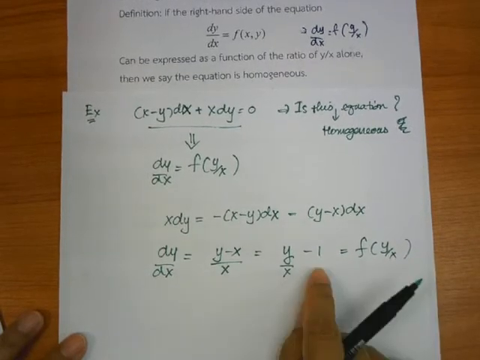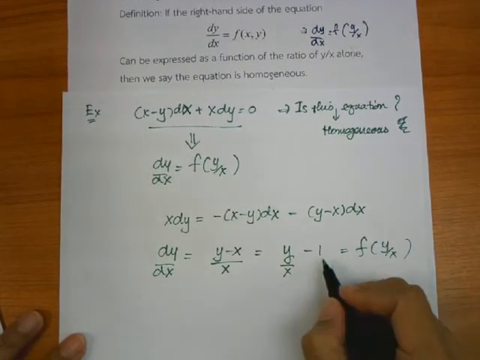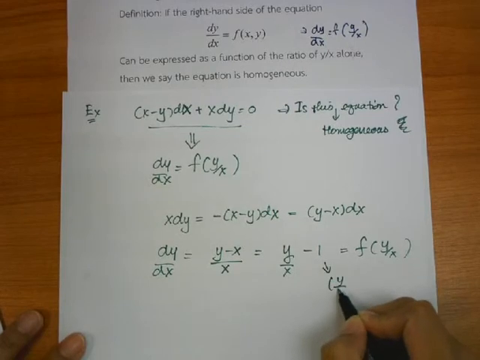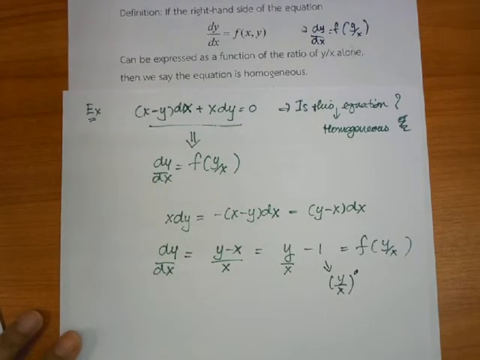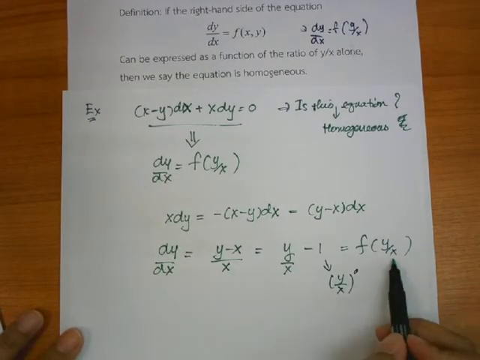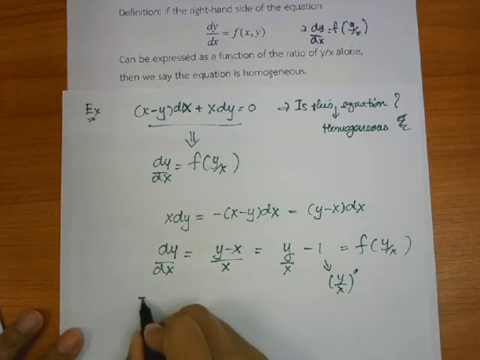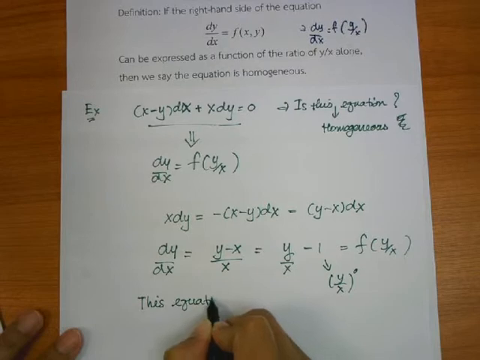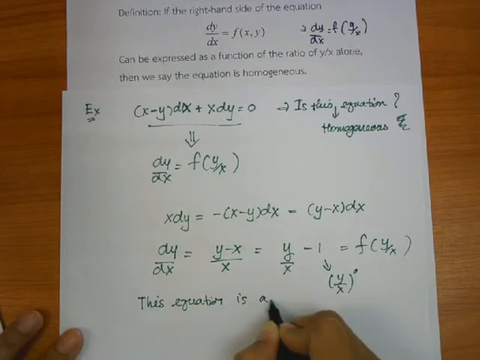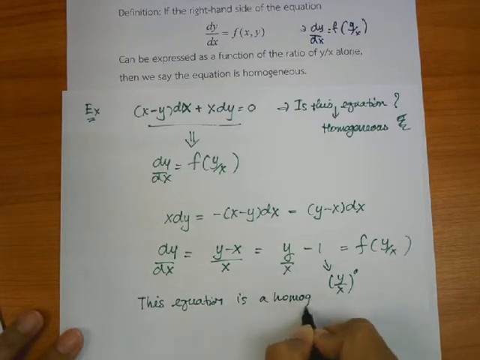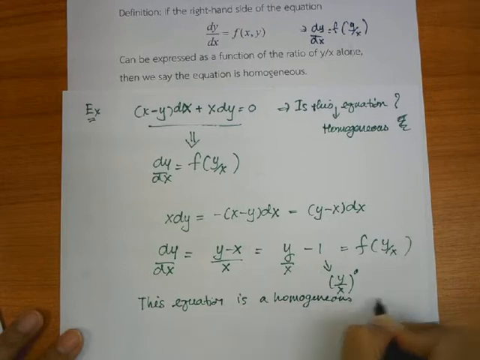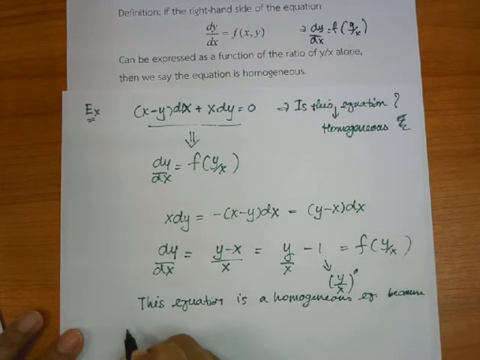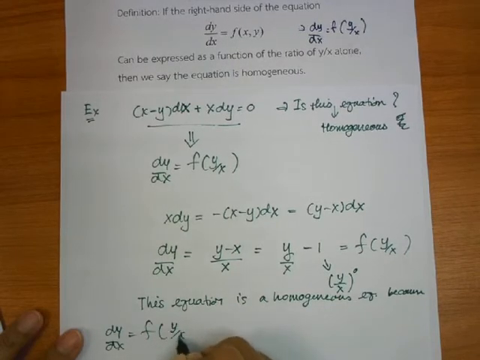Because the 1 is just like y over x to the power 0, right? So this is a homogeneous equation, because dy by dx is a function of y over x.